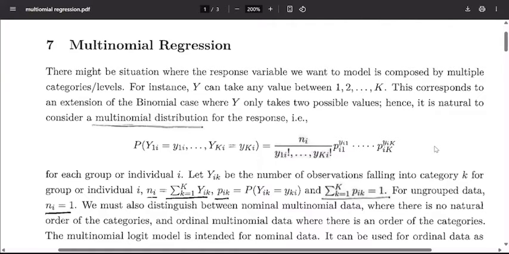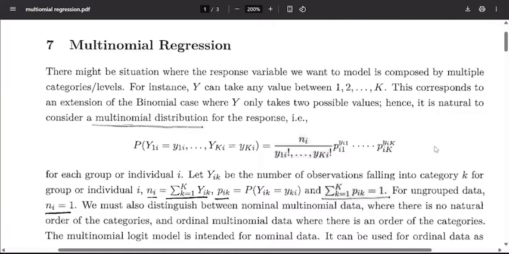So the two types of regression model we want to talk about today both generalize the situation with two levels, so they have more than two levels. I want to welcome you to multinomial.